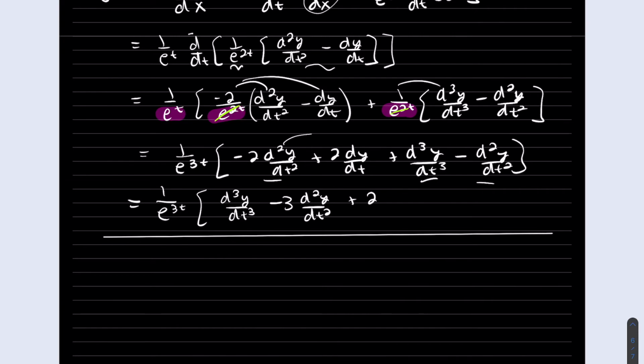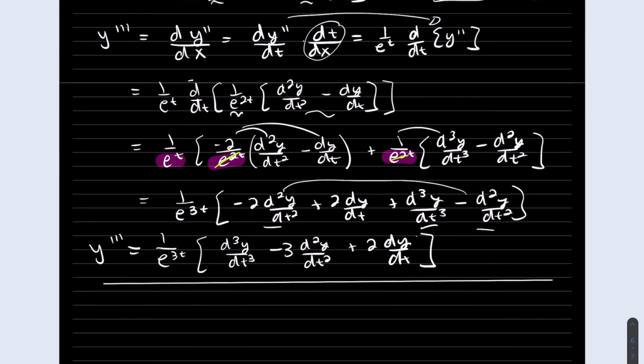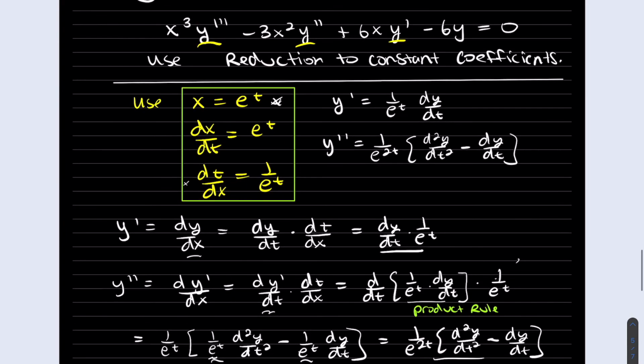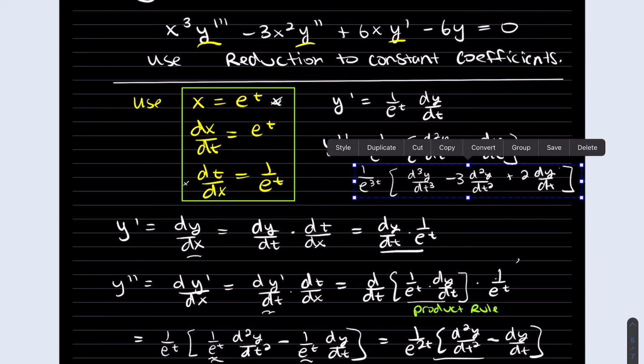So the squares is minus 3, and then it's 2 dy dt. Which fits our pattern.